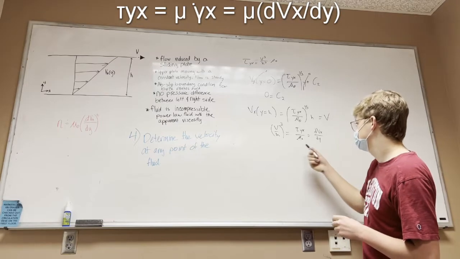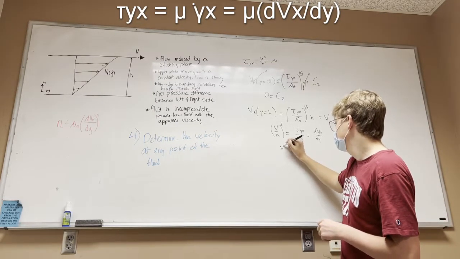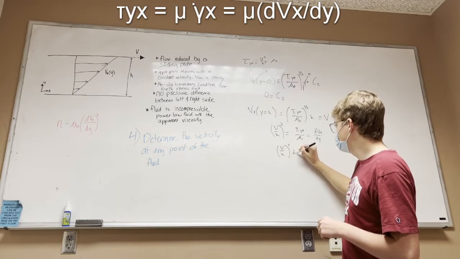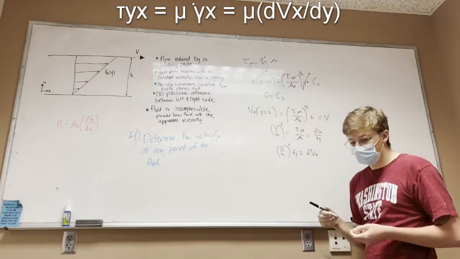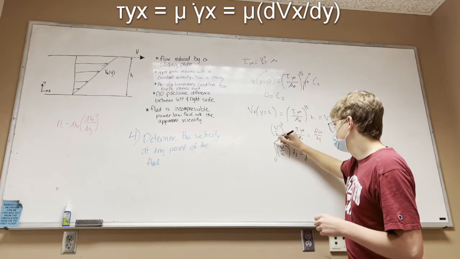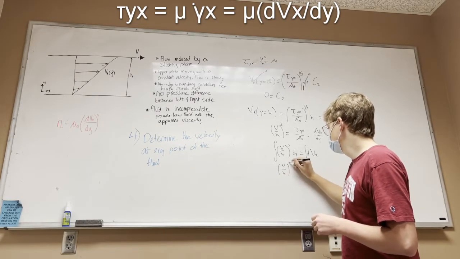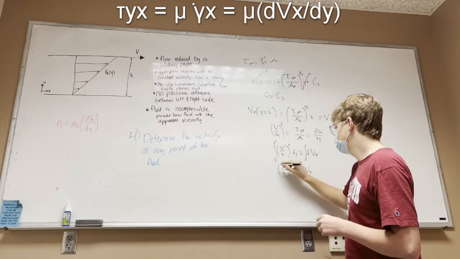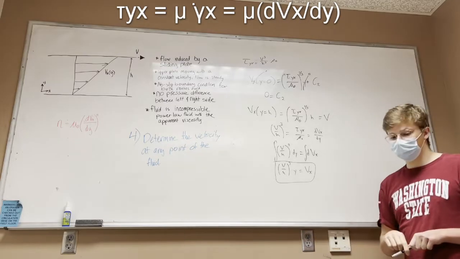So what we'll end up getting is V over h cubed dy is equal to dvx. And then as we did before, we just take the integral. And then what we'll end up getting is V over h cubed times y is equal to Vx. And that is your velocity at any point in the fluid.